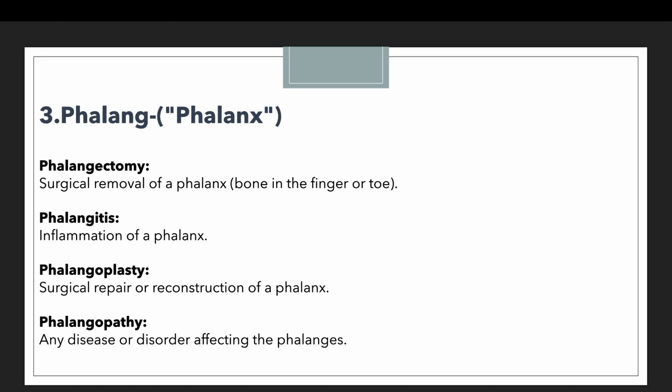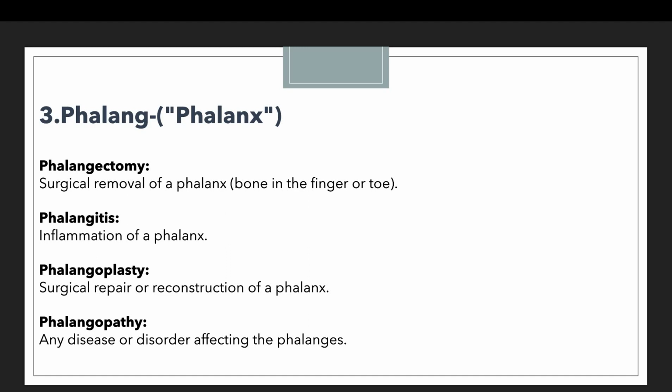Then we have phalangitis. Now you know itis meaning. Itis means inflammation. So inflammation of the phalanx is denoted with the help of phalangitis. Likewise, in the third example, we are talking about phalangoplasty. Phalangoplasty means surgical repair or reconstruction of the phalanx.